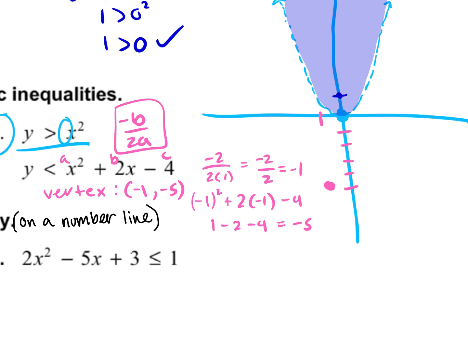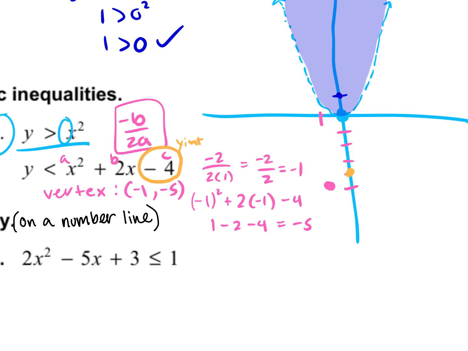How do I know where another point on my graph is going to be? I could plug in another number, or I could use the y-intercept. So my y-intercept is negative 4, so I cross the y-axis at negative 4.